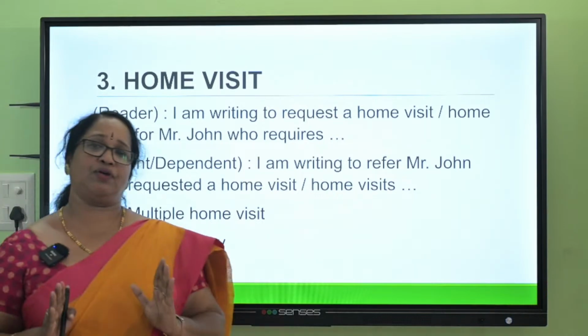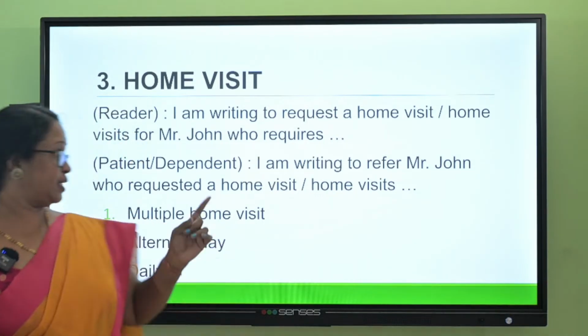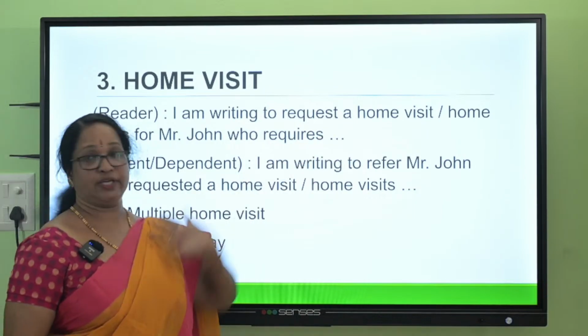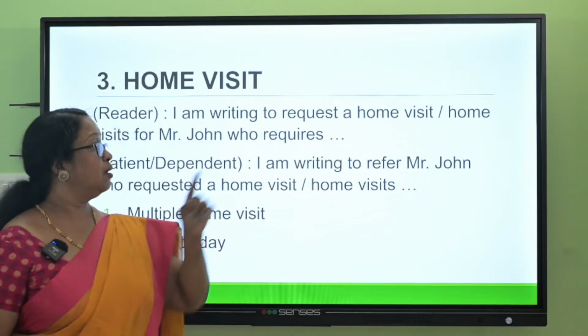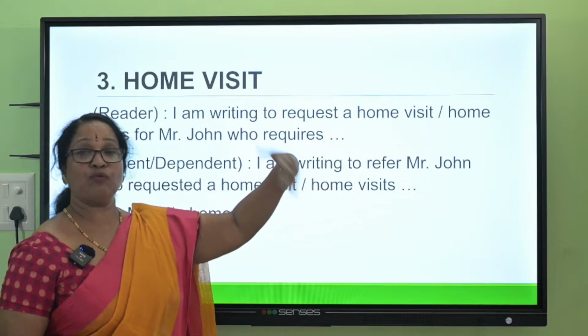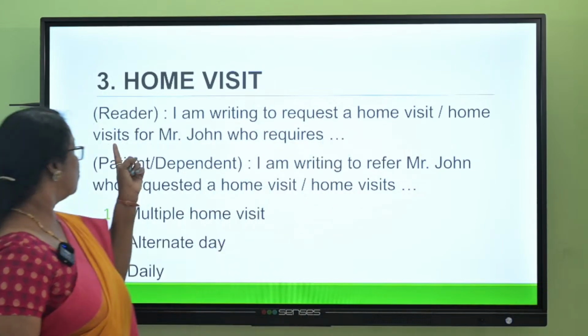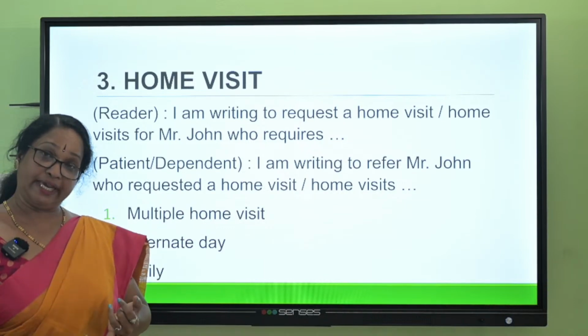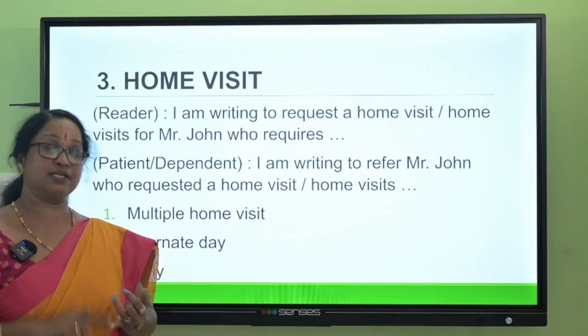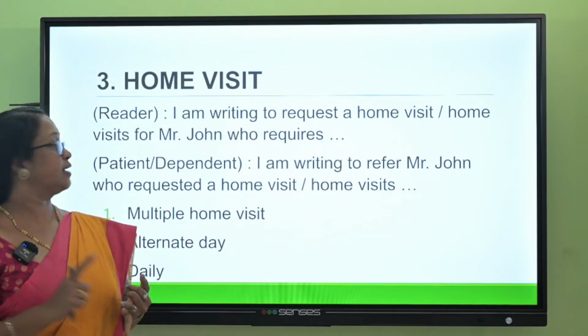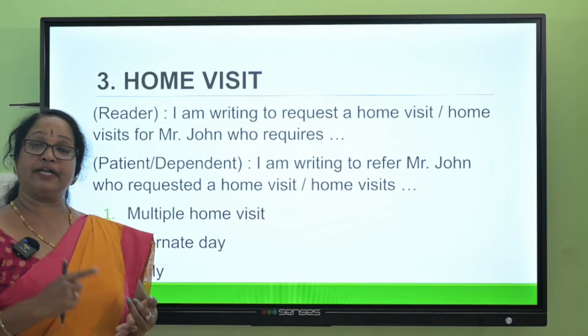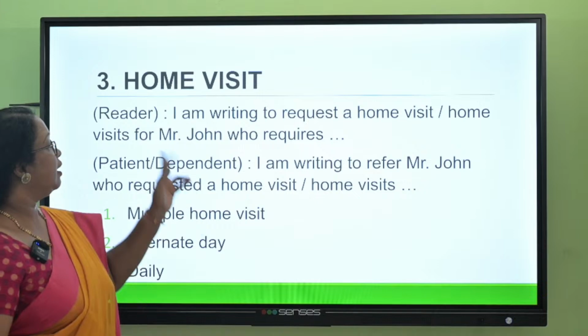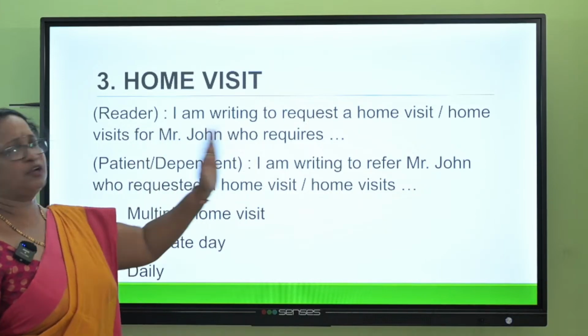Please note this and don't make mistakes. A home visit is only one day; for more than one day it is home visits, so you can write daily home visits and alternate day home visits. Then you can continue the letter.